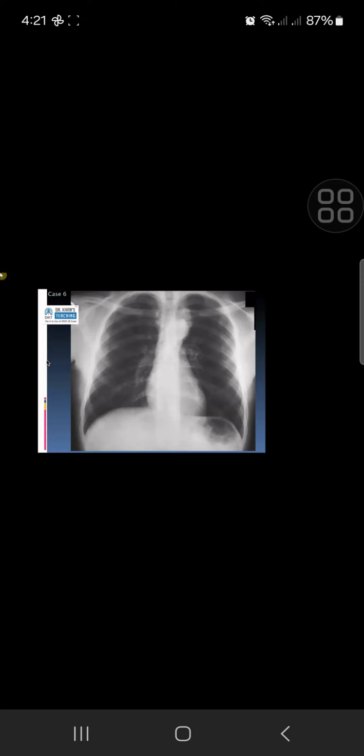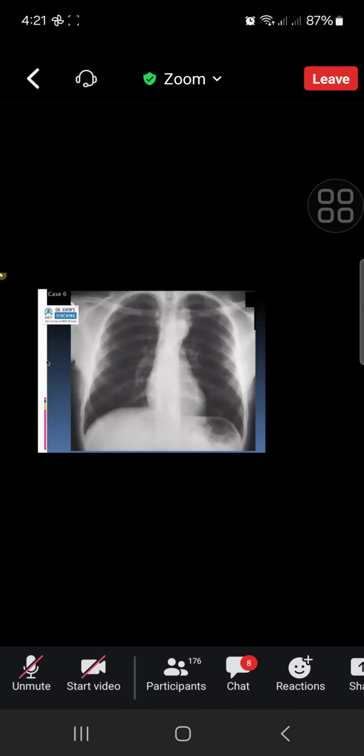So I think this would probably be in keeping with... let me try to see if I can see the spine. I can see a margin between the spine and the mass. So I would think that this is a left anterior mediastinal opacity.